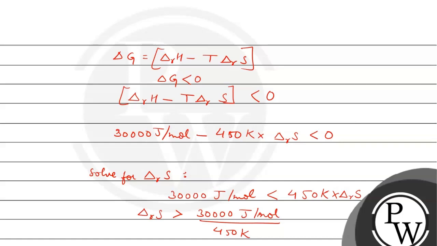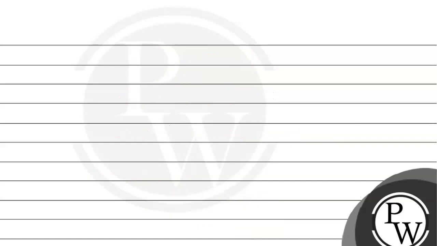So now if we solve this, delta Rs is greater than 66.67 joule per Kelvin mole.